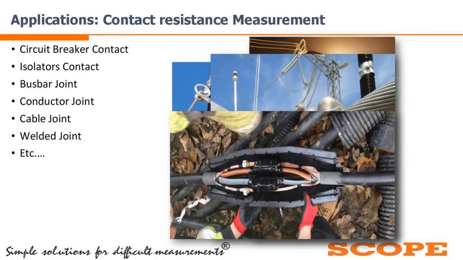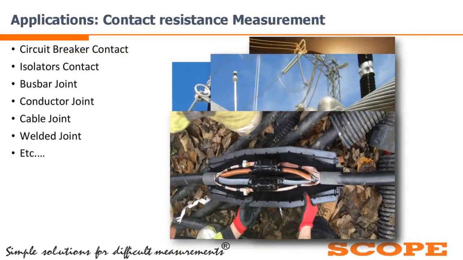The applications for contact resistance measurement are circuit breakers, isolator contacts, bus bars, conductor joints, cables, welded joints, cable joints, etc. So these are the applications of contact resistance measurements.